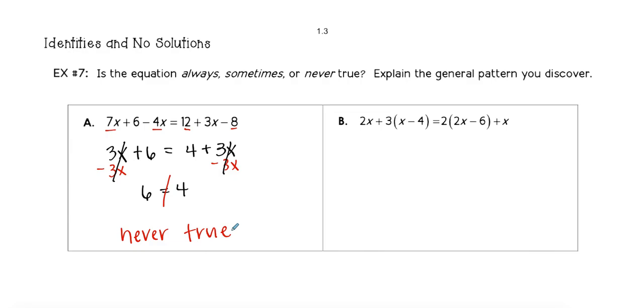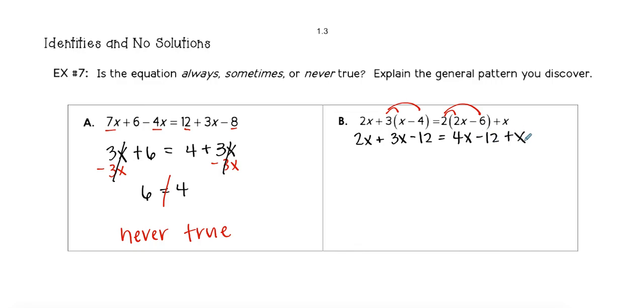Or B, let's try B. Hopefully you guys realize there are some distributive properties here, so let's make sure we distribute. So I'm going to get 2x plus 3x minus 12 equals 4x minus 12 plus x.